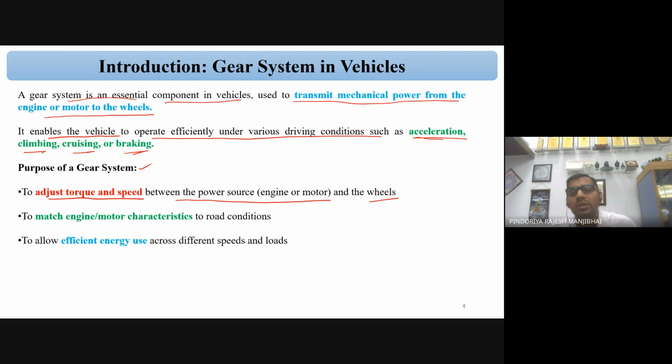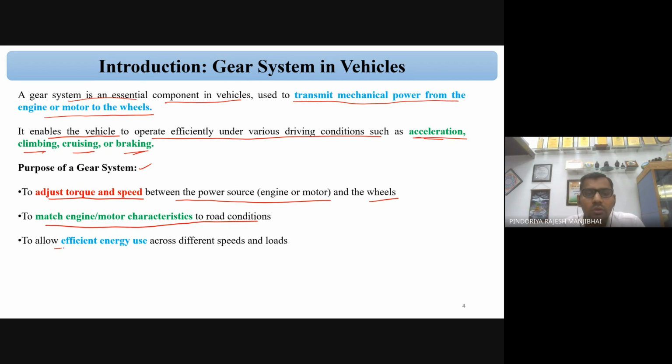So how much power is required at the wheel, we can control by the gear system, to match the engine or motor characteristic to the load condition. Maybe the load is dynamic, maybe a steady state condition, maybe sometimes the load is 25 newton meter, sometimes maybe 50 newton meter. So we have to match the characteristic of the engine as well as the motor with respect to the load condition.